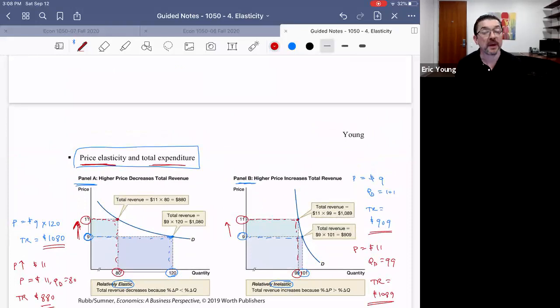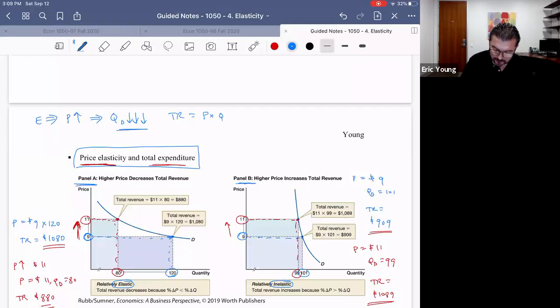Here's another way to think about it. If a good is elastic, we know that a price increase will lead to a very significant, very responsive drop in quantity demanded, right? That's just the definition. Since total revenue is equal to P times Q, and Q falls by a lot more than P goes up, total revenue will fall.